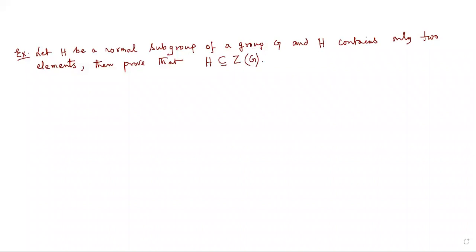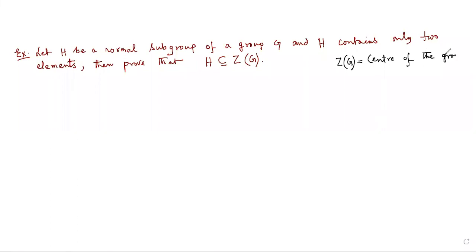I hope you can recall the definition of ZG. ZG is actually the center of the group, and the definition of ZG and the definition of normal subgroup will be used over here. Just to make sure that you recall the definition of the center of the group, I am going to write the definition of ZG on the right side of the page.